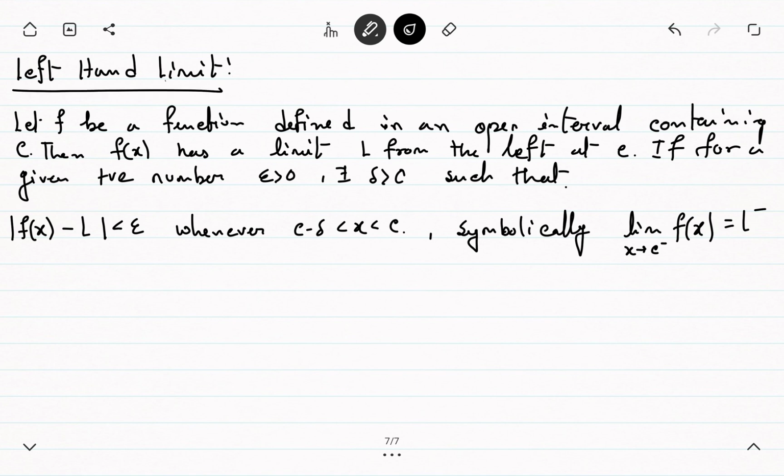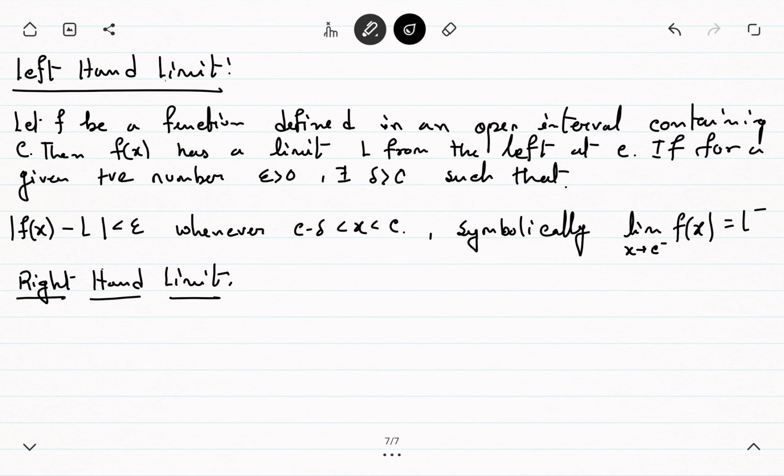Now similarly we will define the right hand limit. So how could this right hand limit be written? Same definition.